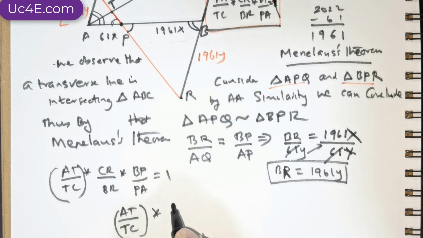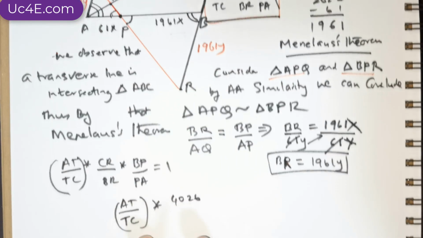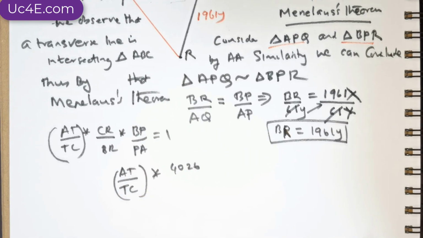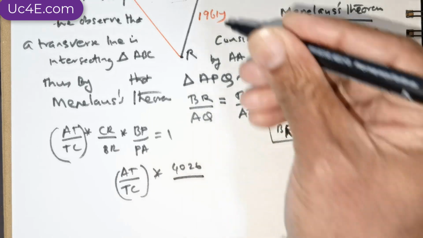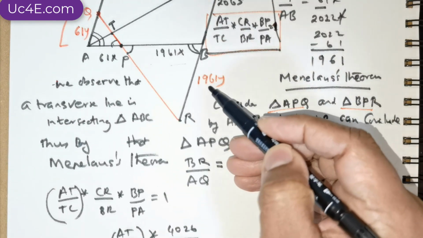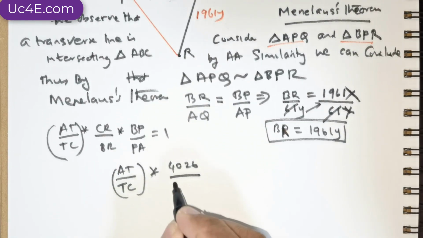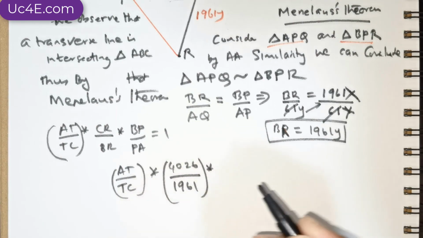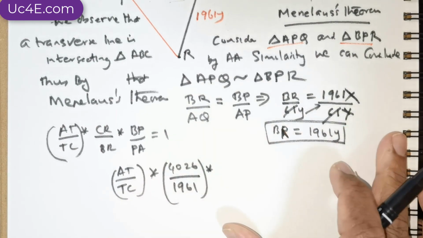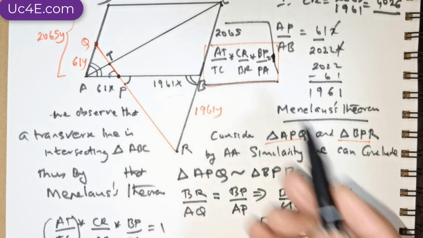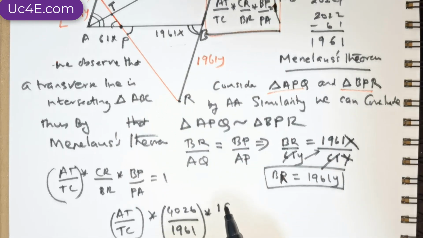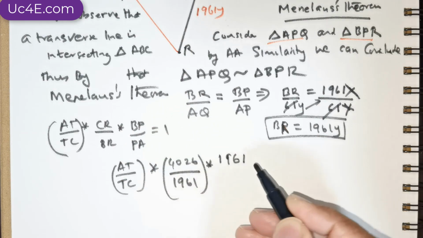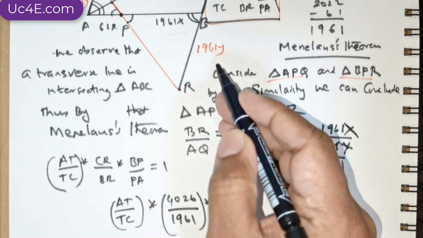So place that 4026 divided by BR. BR value is 1961y. So 1961y multiplied with BP. BP value is 1961x. This is actually y, right?